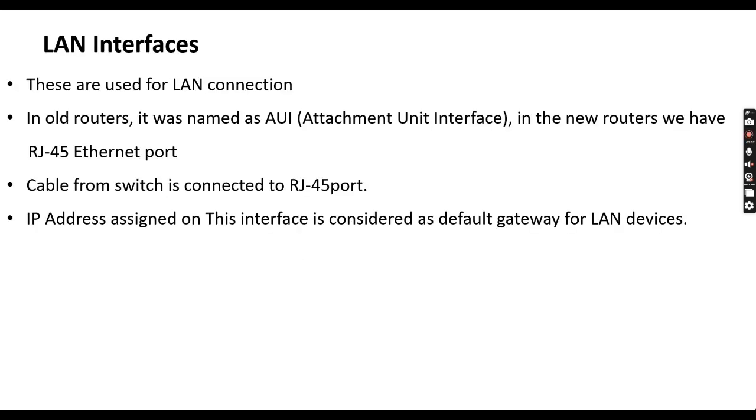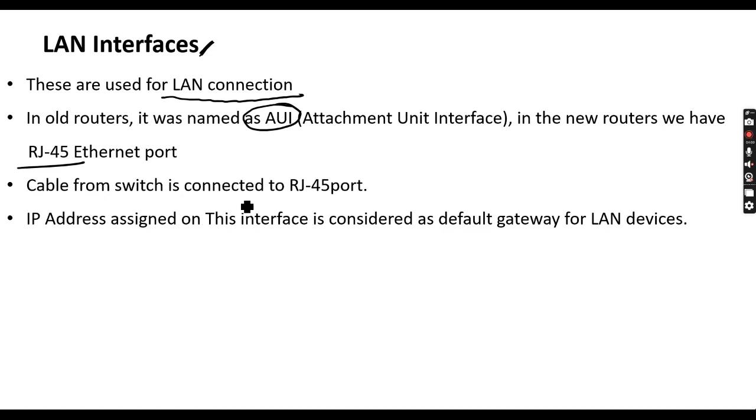As I discussed, the LAN interfaces are basically used for your LAN connections, to connect your LAN. One more point: in old routers it was named AUI, attachment unit interface, but in new routers we have something known as the RJ45 Ethernet port, which is your LAN port itself.